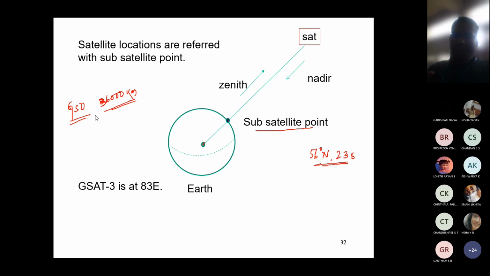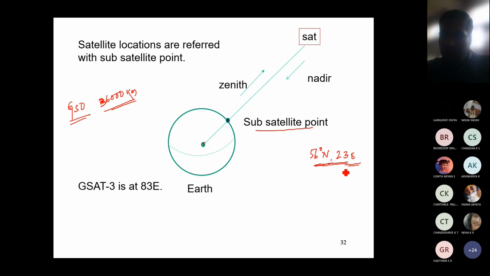Understood? Now I will ask, what is the location of a geostationary satellite? What is the latitude and longitude of geostationary satellites?